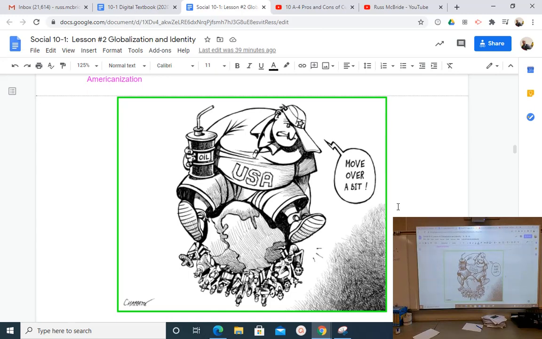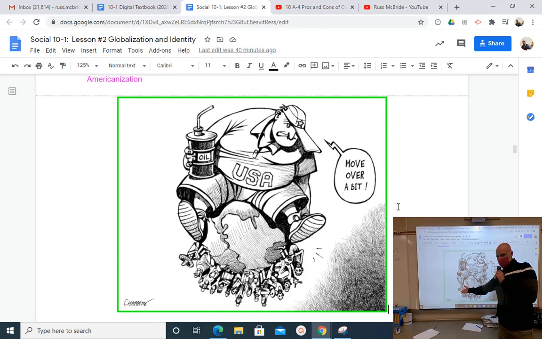Yes? The cartoonist might want Americans to be better and less wasteful? Yes. So if the targeted audience is America, then the intended response might be to create some kind of shift of thinking, a paradigm shift in the American mind, suggesting that, you know what, maybe we should consume less.